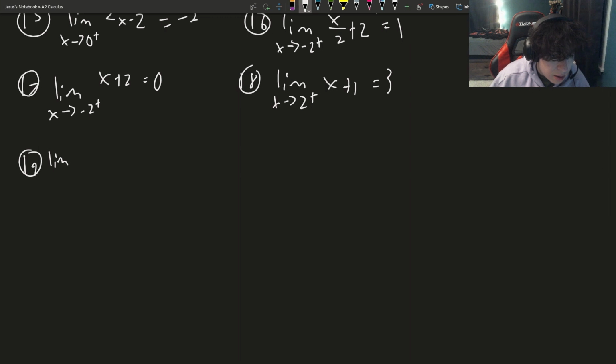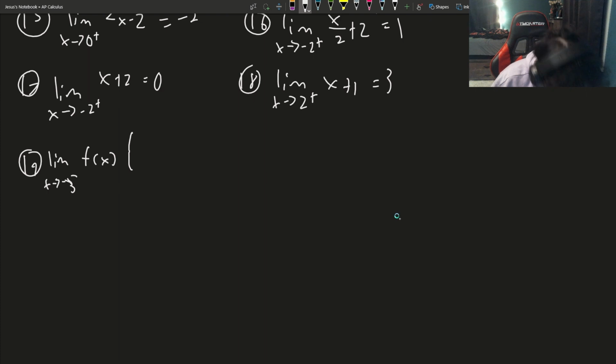Number 19 is the limit of x approaching -3 from the left of f of x. Sorry. These take really long to write out.